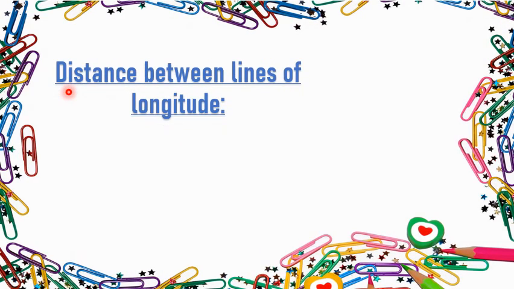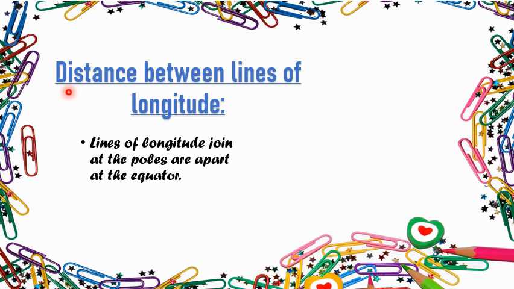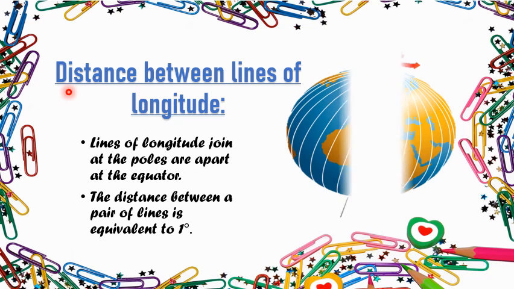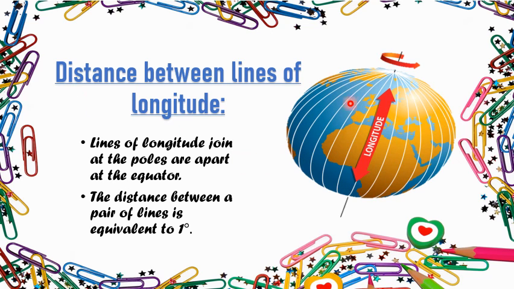As we know, there are a number of lines of longitude on the globe, and these are 360 in number, and they are the same distance apart from each other. So here comes the picture again, where you can see a number of lines. All these lines have the same distance from one another.